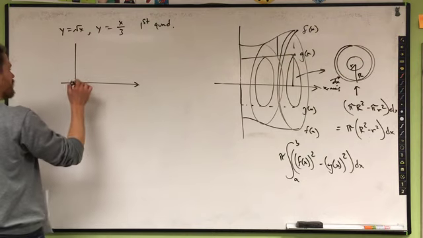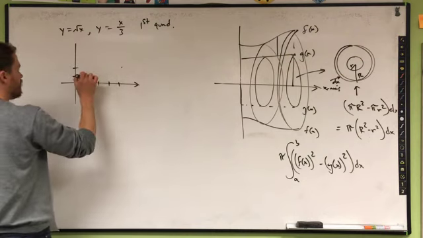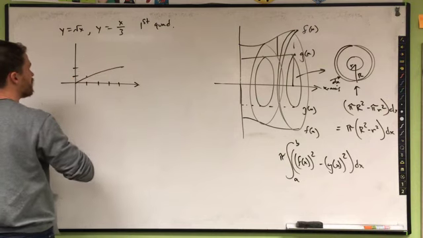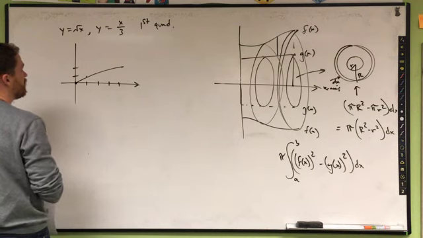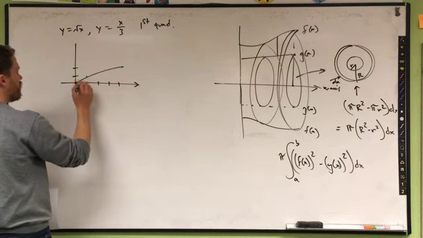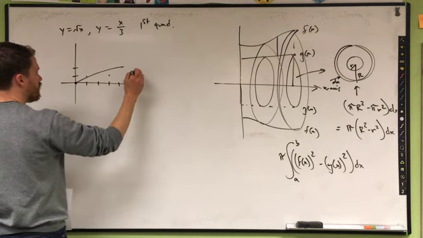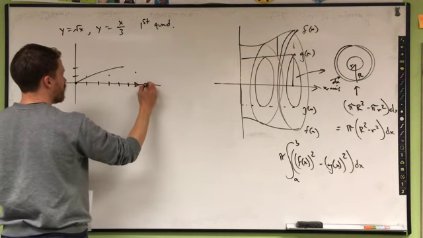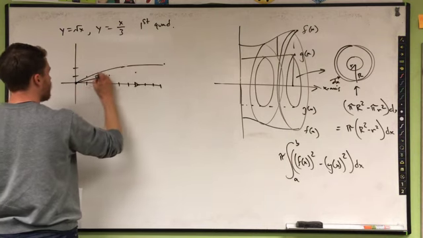Square root x, let's see here, 1, 2, 3, 4, 1, 2, it looks like that. X over 3 has the point (0, 0), and then you go over 3 and up 1, and then over 3 and up 1 again, and this should intersect right there.